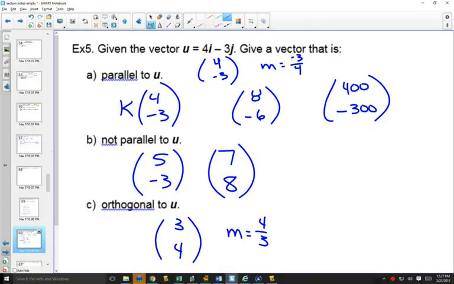So it's the same kind of ideas that you've used in grade 10 math with perpendicular lines, except we changed the word to orthogonal and we switched the slope around. Whew, complicated.